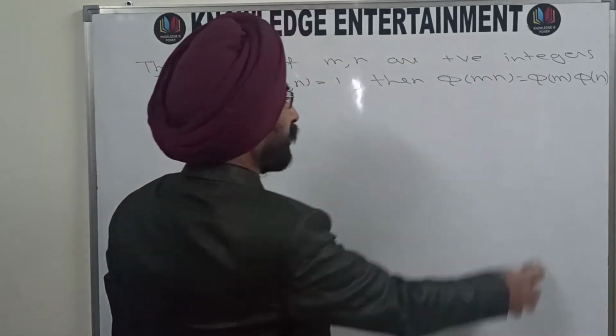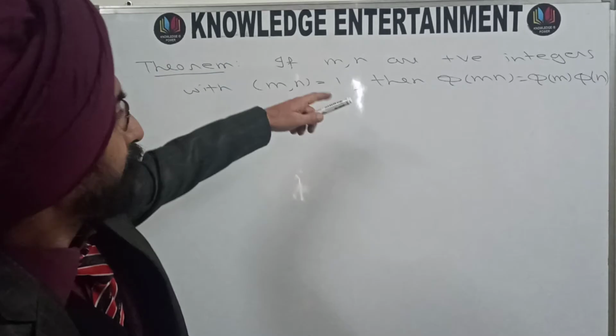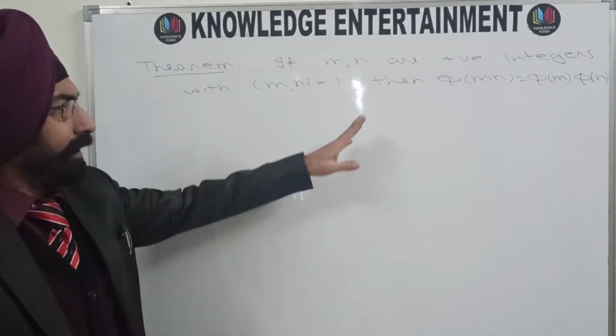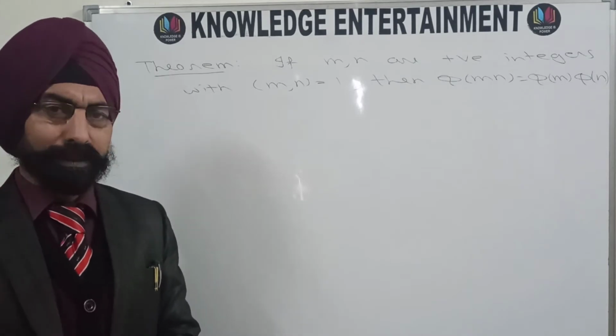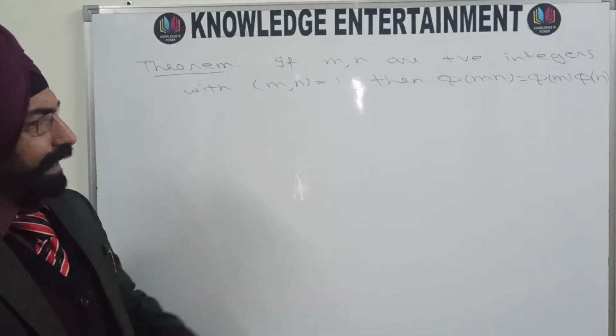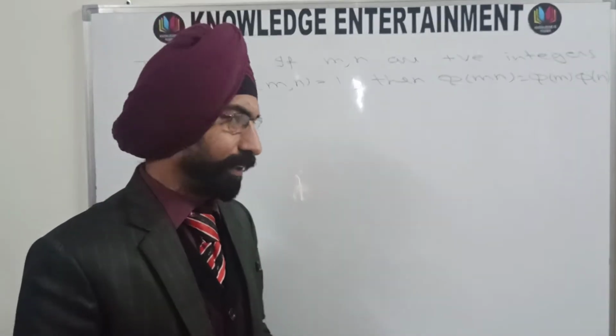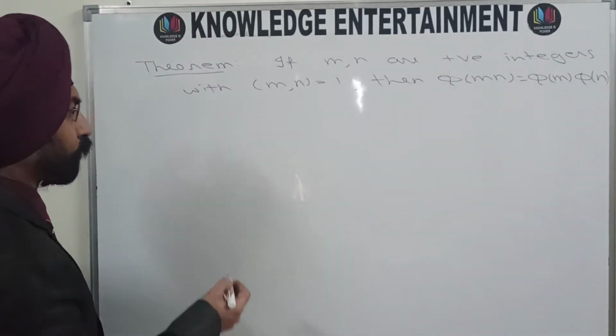You can see that if m, n are positive integers with GCD of m and n is 1, then we will show that phi(mn) is equal to phi(m) phi(n), and this property is known as the property of multiplicative functions. So how to prove this? So I am going to prove now.